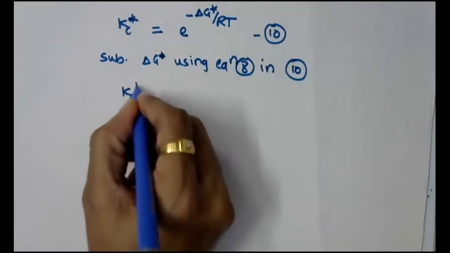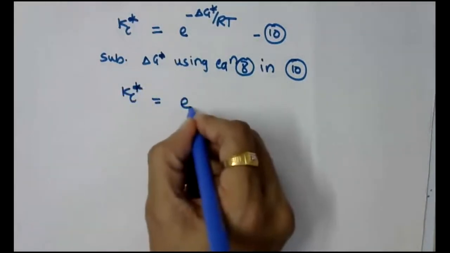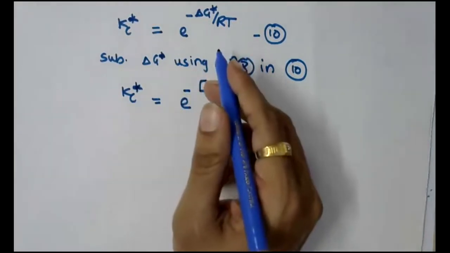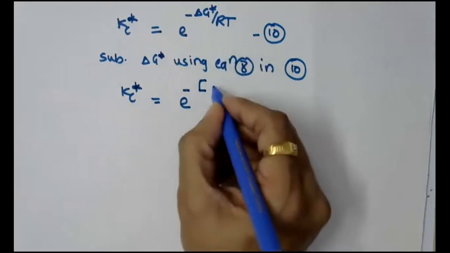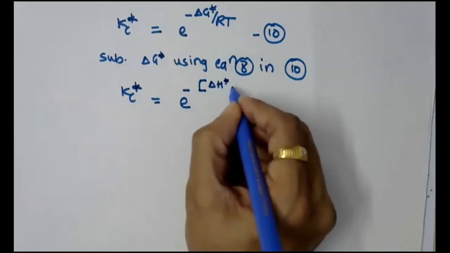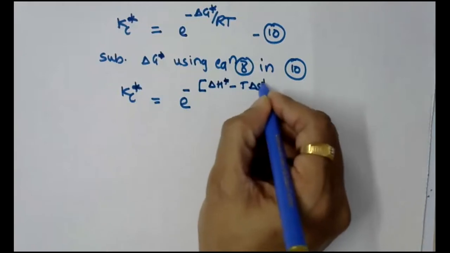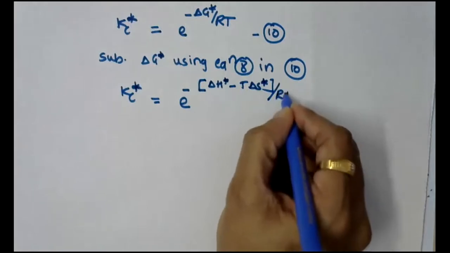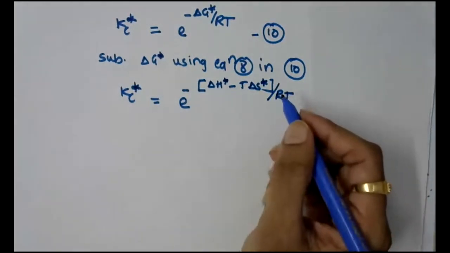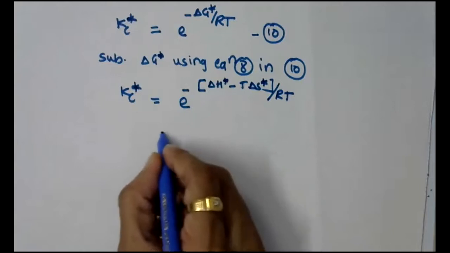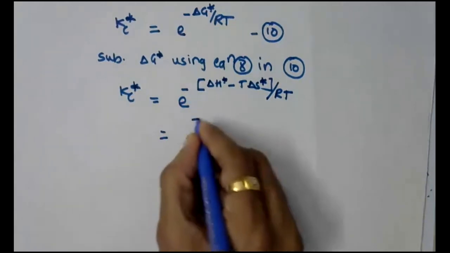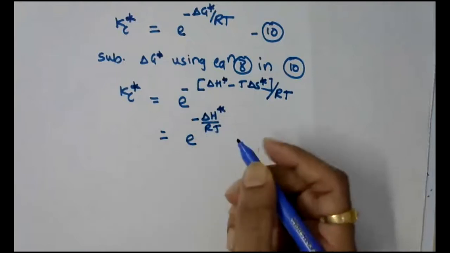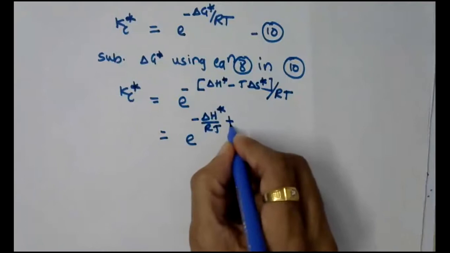So Kc star is equal to e raised to minus, now in place of delta G star, I can write delta H star minus T delta S star, divided by RT. So you may simplify it further: it is equal to e raised to minus delta H star by RT, minus minus plus.